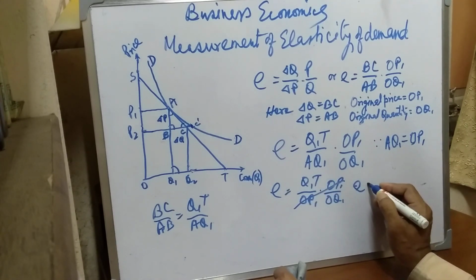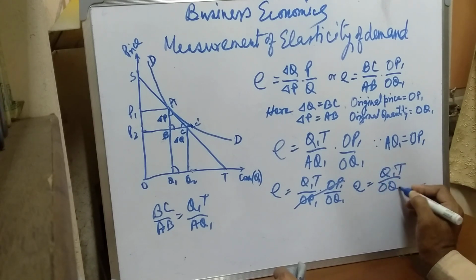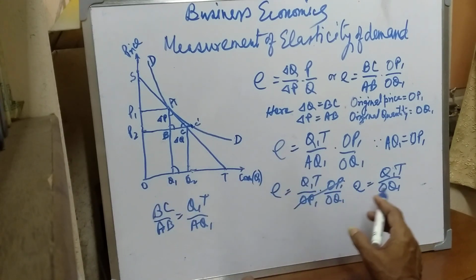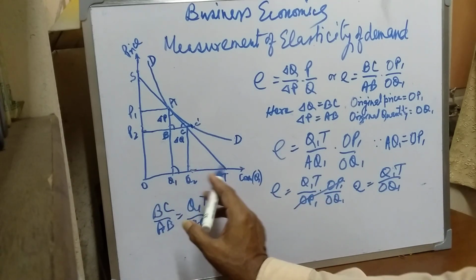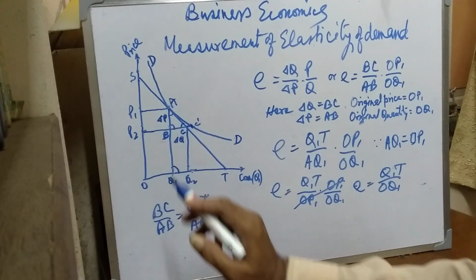In this way, elasticity equals Q1T by OQ1. But we are measuring elasticity at point A, not at point Q1.